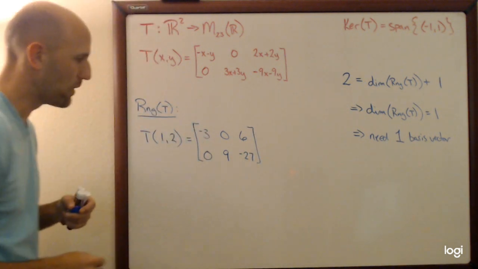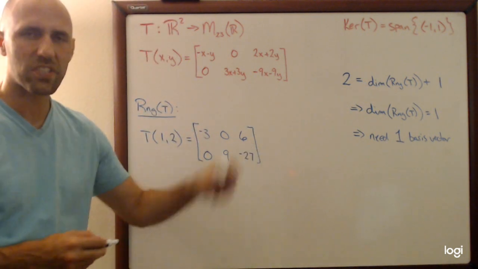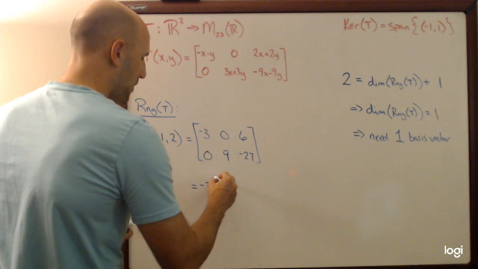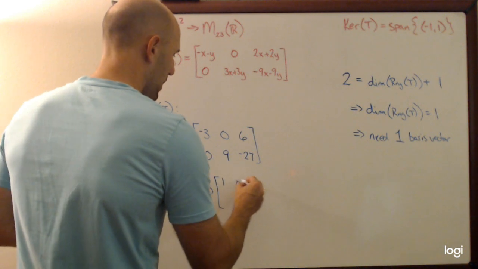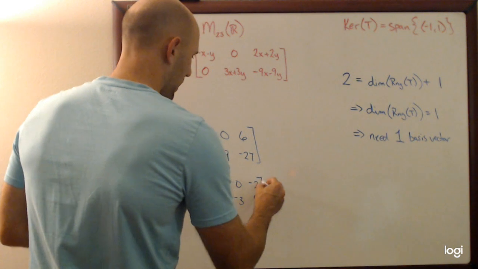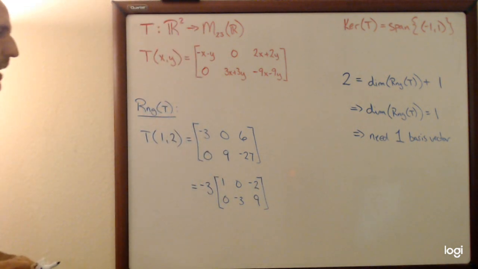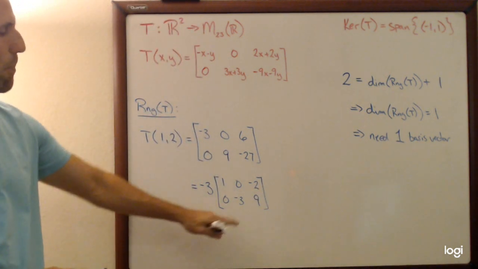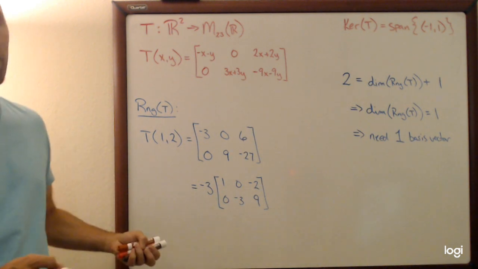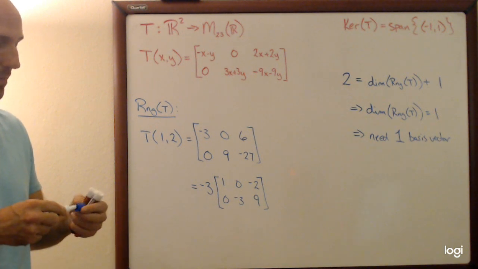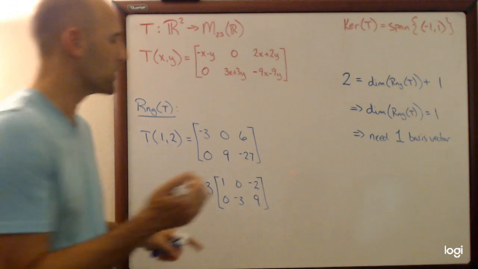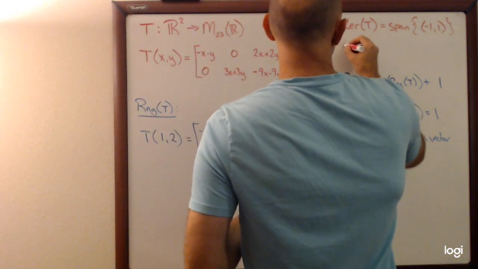And you'll notice that this is a scalar multiple: this is negative 3 times (1, 0, -2, 0, -3, 9). And so this can serve as a basis vector. Now, in this case, I just plugged in one value because I could. Could I have found my range, or at least a basis vector for my range, without doing that? Well, certainly.